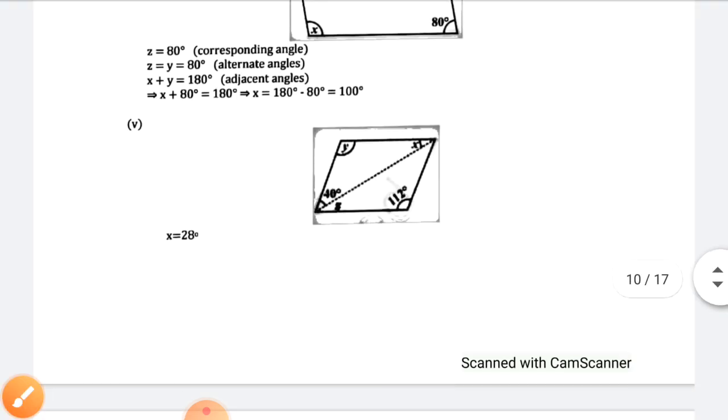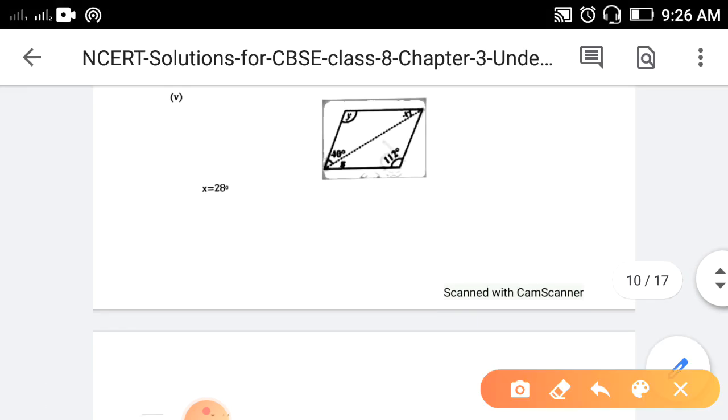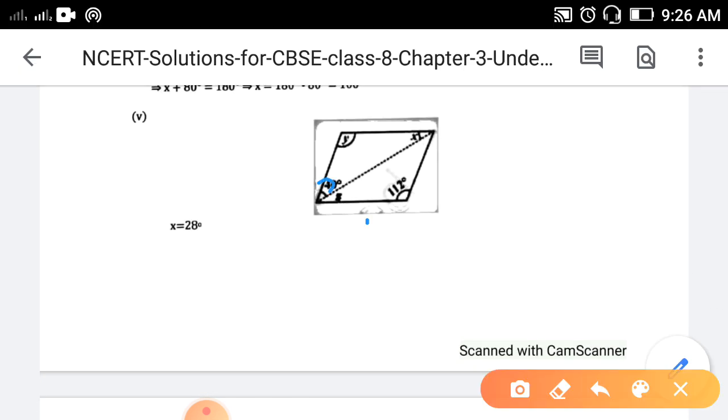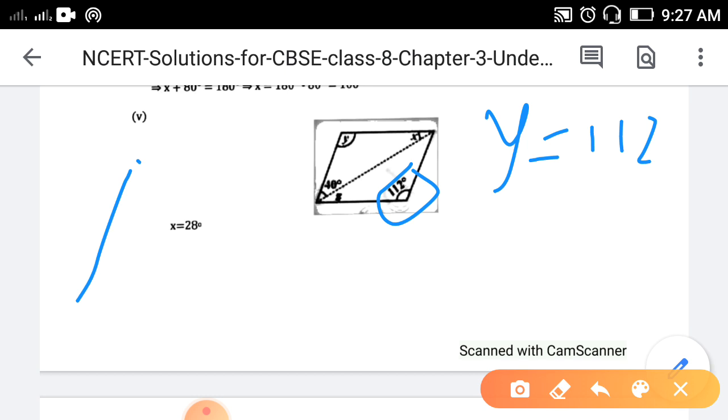Next, fifth one. Here this is 40 degrees, 112, and x and z. So 112 and y both are opposite to each other. So y is equal to 112 degrees. Now consider this triangle, where y is equal to 112 degrees.